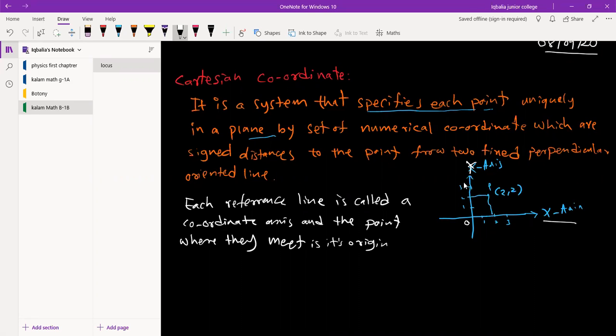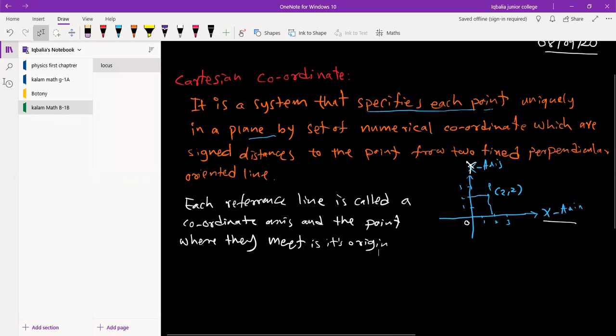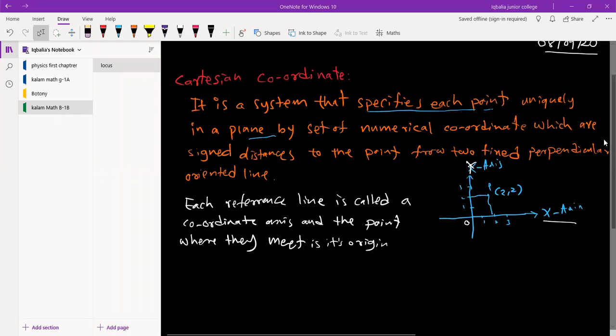Understood what is the origin and what is the Cartesian coordinate? Yes, Sayyid Faizan. Have you understood these things?